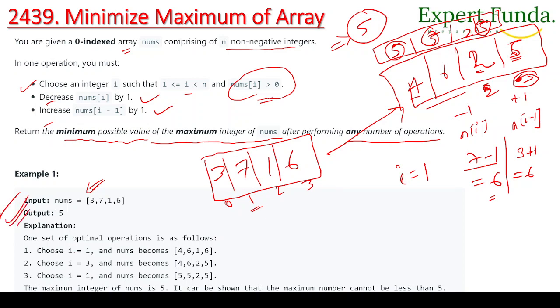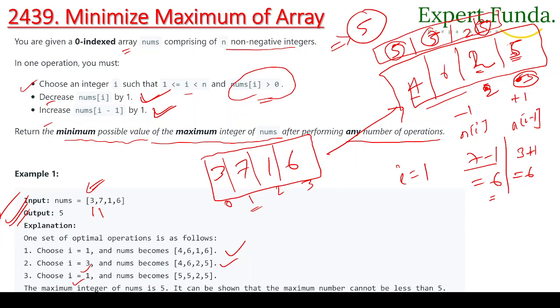That's the thing we have been given. When i is 3, we increment this one and decrement this one, so 1 plus 1 is 2 and 6 minus 1 is 5.